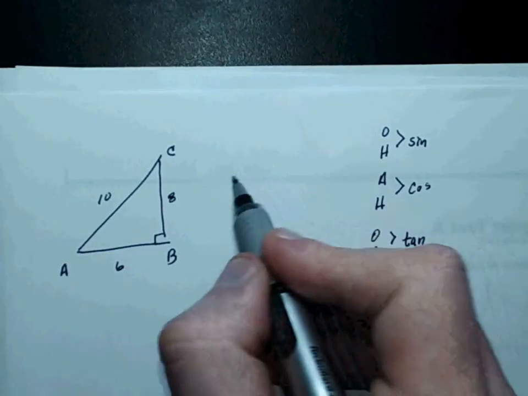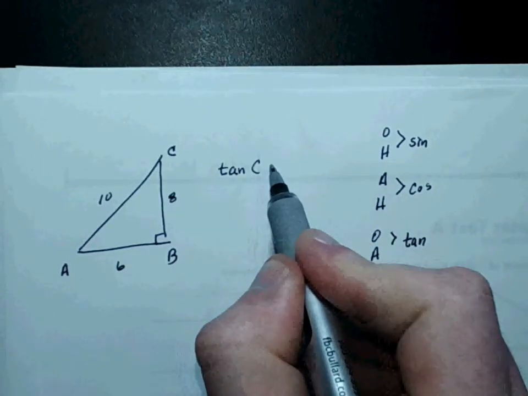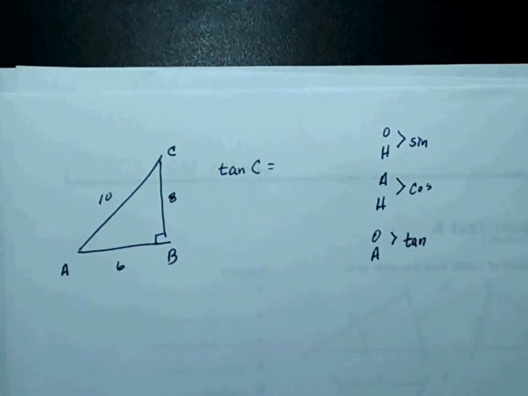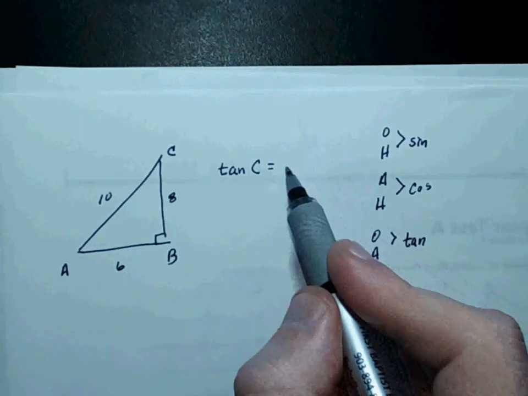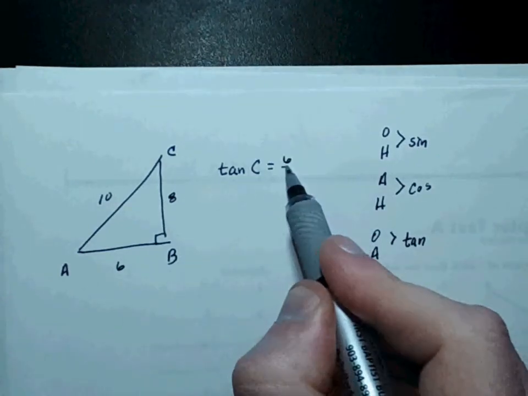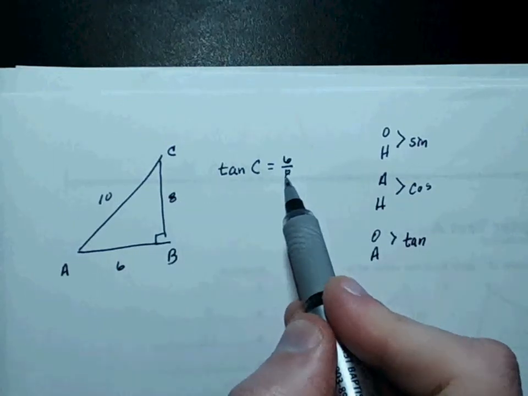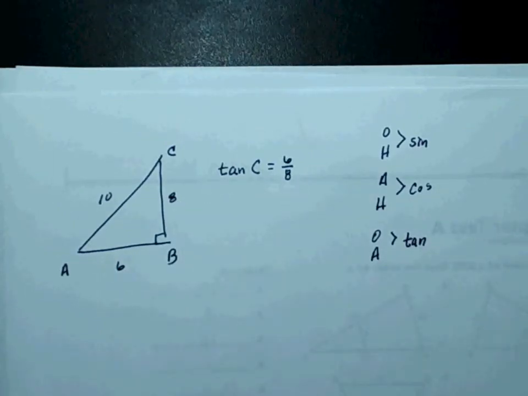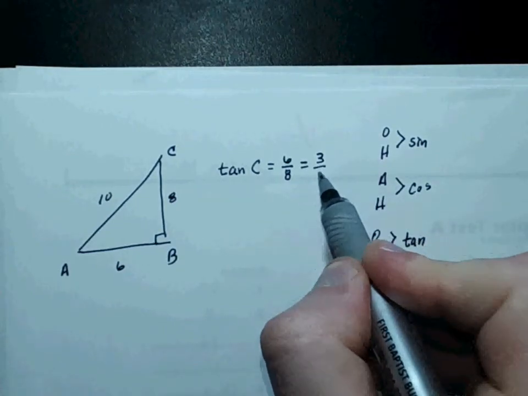So if I wanted the tangent of, let's say we're going to look at angle C. The tangent of angle C would be the opposite side, which is 6, over the adjacent side, which is 8. And then when we simplify, we would get that equals 3 over 4.